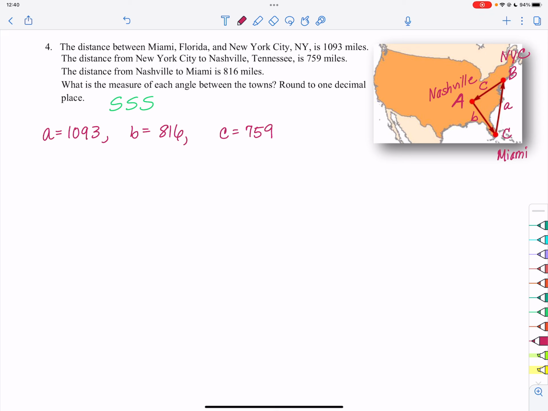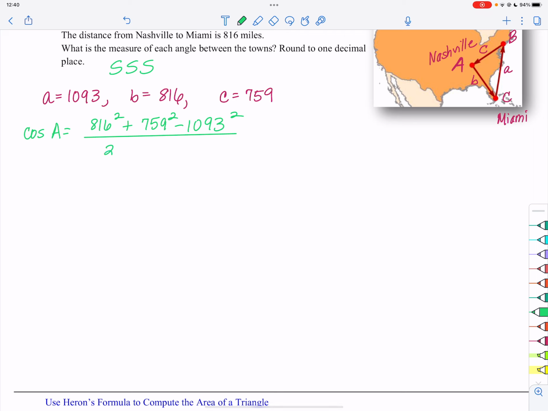So that would be the cosine of A. And the cosine of A is equal to 816 squared plus 759 squared minus 1093 squared, all divided by 2 times 816 multiplied by 759.